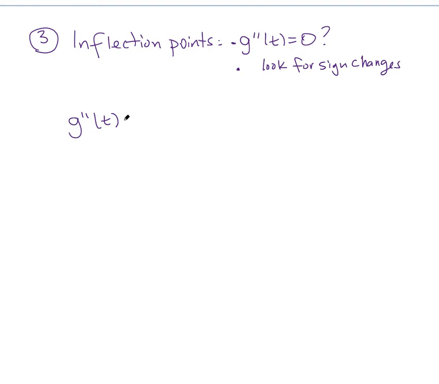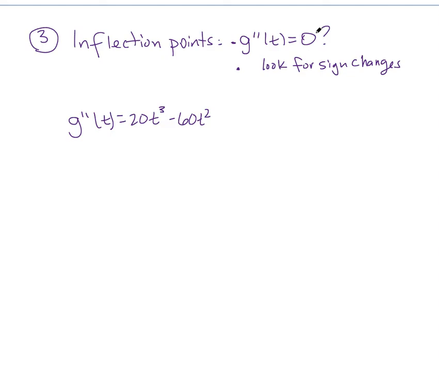Let me write that out. So we'll have 20t cubed minus 60t squared.